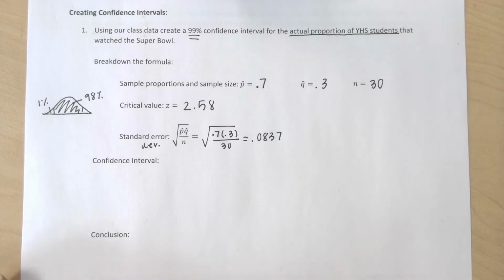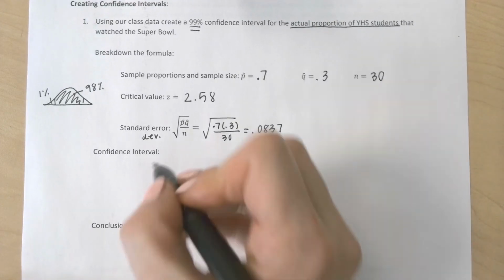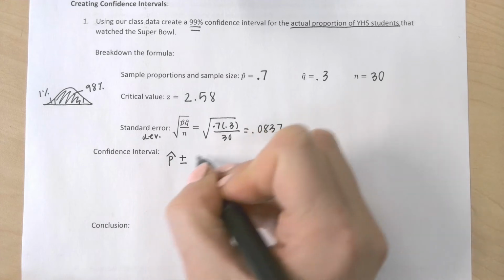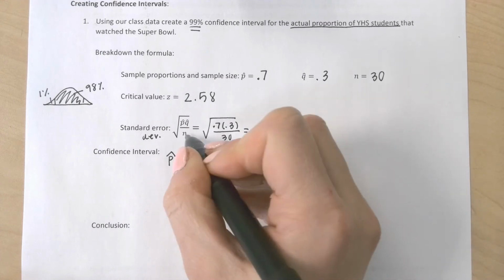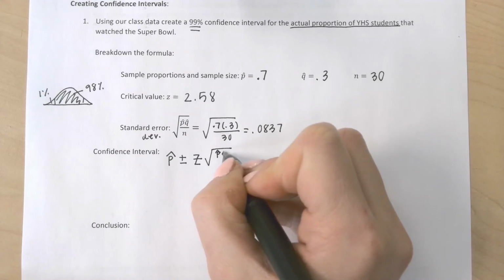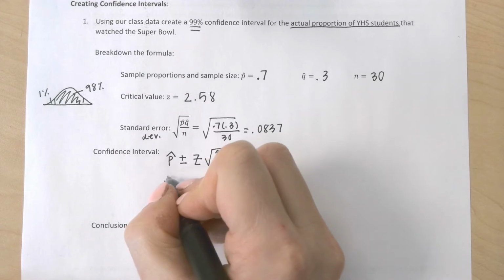Okay, from here, we can combine everything to create that actual confidence interval. So what we're going to do is take our p hat, and add and subtract our z-score times that standard deviation. So our p hat is 0.7.